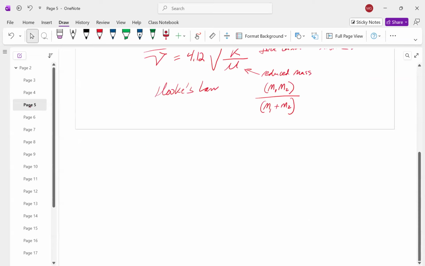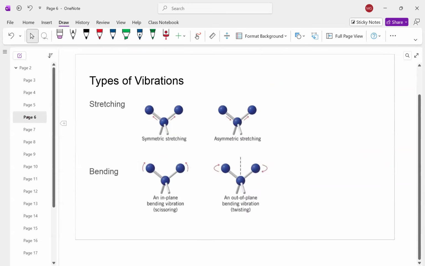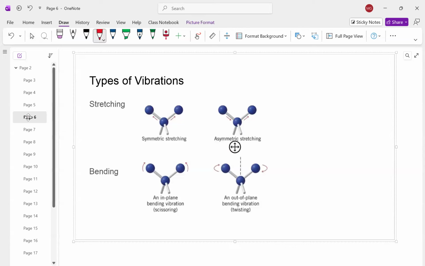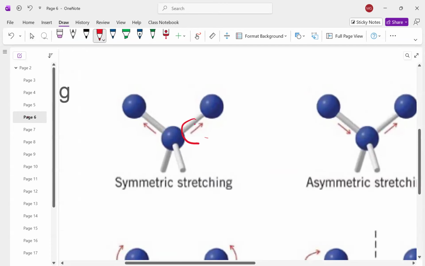And then just to kind of round out this initial introduction, you're going to hear me use these terms stretching and bending when I describe an absorption. It's really just the direction the atoms are vibrating in relationship to that spring-like nature. So stretching is where the bond actually stretches out.